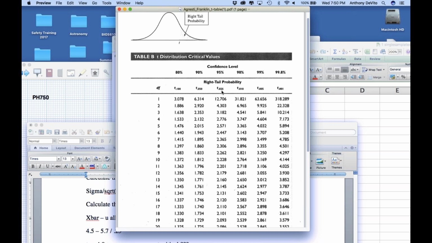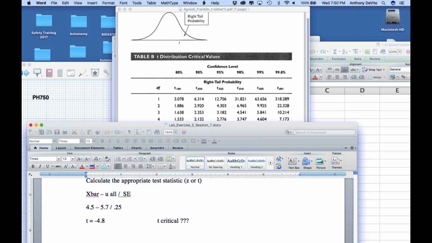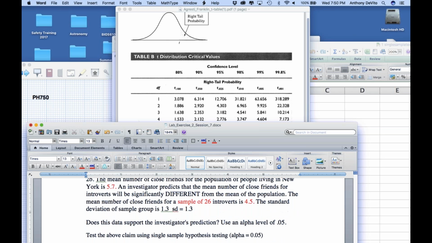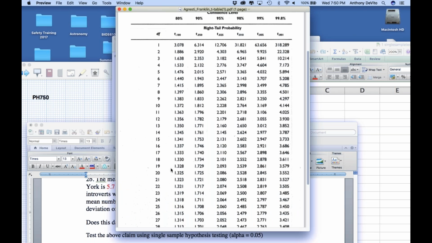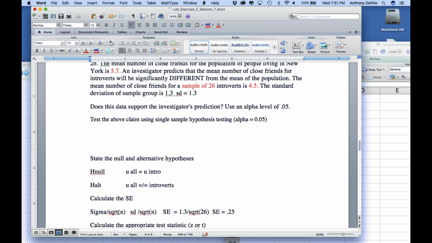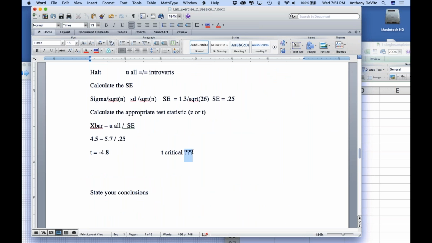That's the same thing as a 95% confidence interval, with 2.5% in each tail. So I go down this column to the critical value for a sample size of 26, which is 25 degrees of freedom. My critical value of t is 2.06. So I'm going to note that over here.